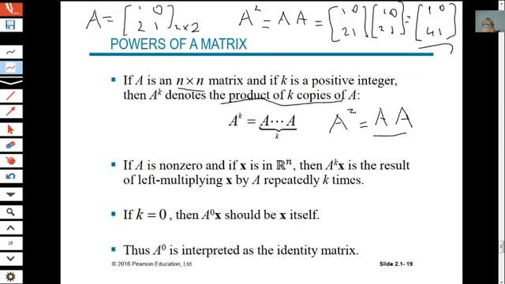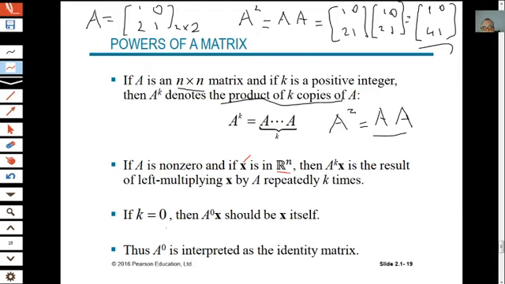Okay, if A is a non-zero matrix, and X is a vector in Rn, namely we have n components for X, then A to the power k times X is the result of left multiplying X by A repeatedly k times.